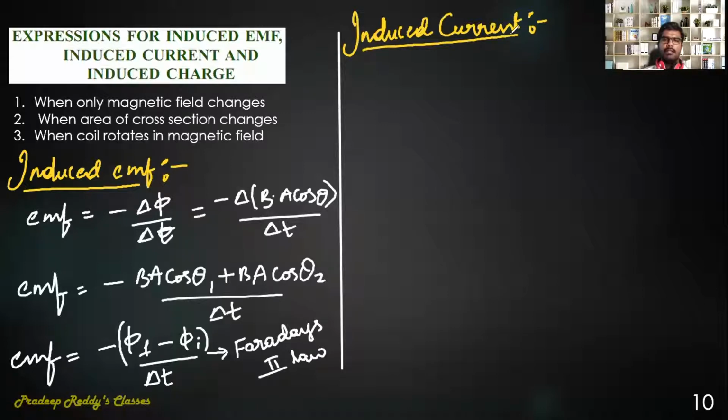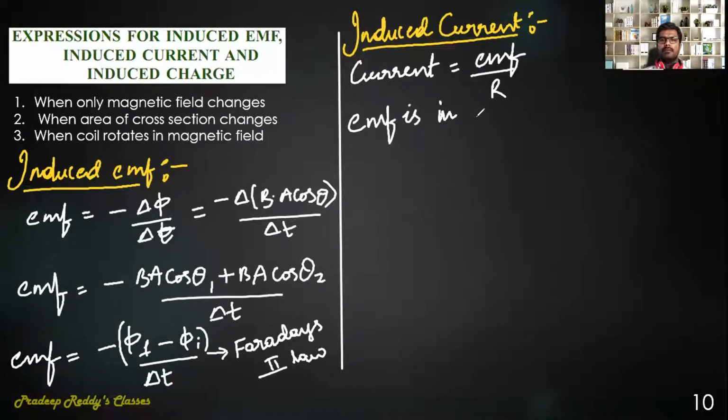As we know, current is equal to EMF divided by resistance R. EMF developed is the induced EMF, and capital R is the resistance of the coil.